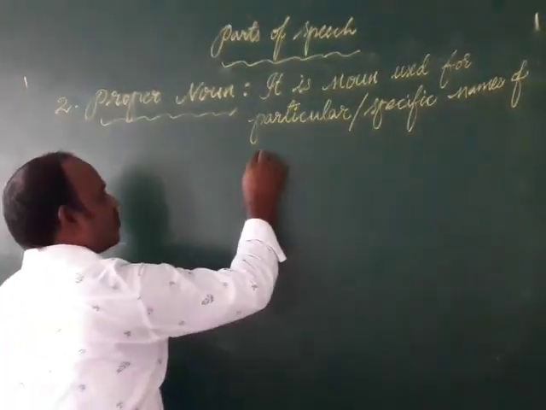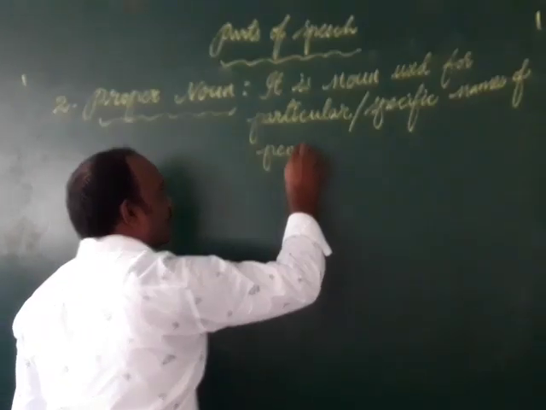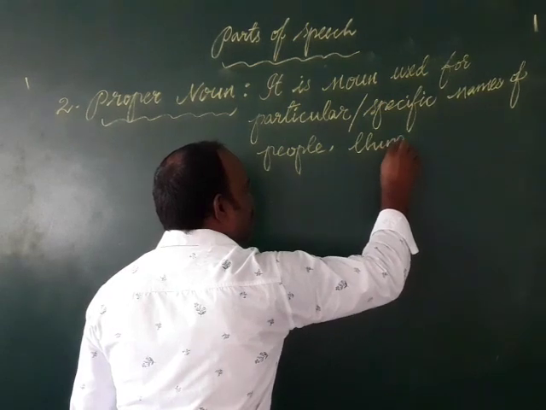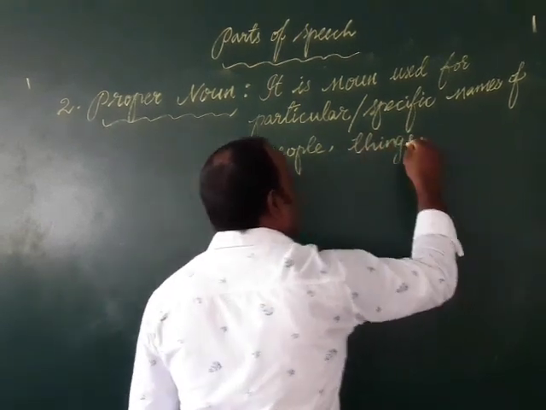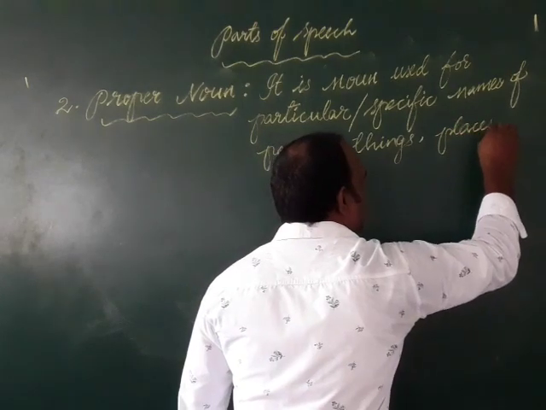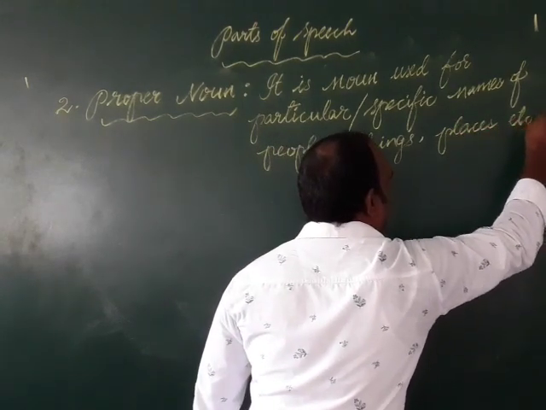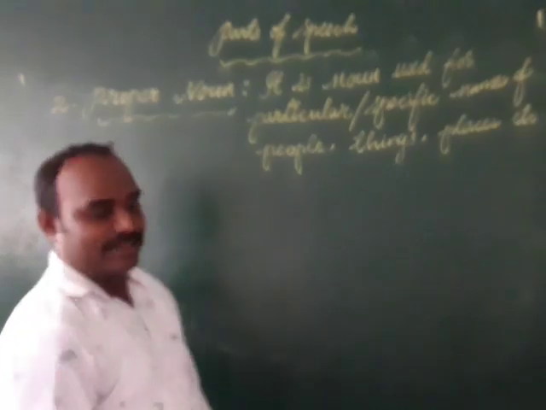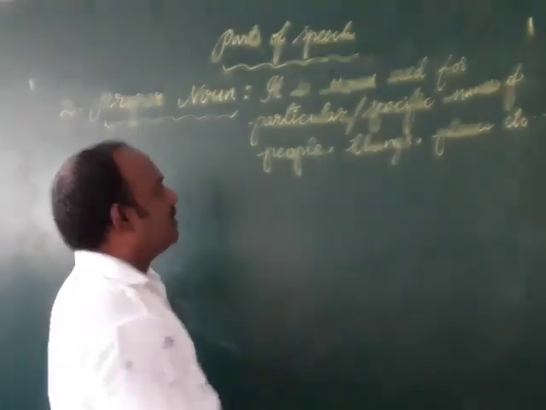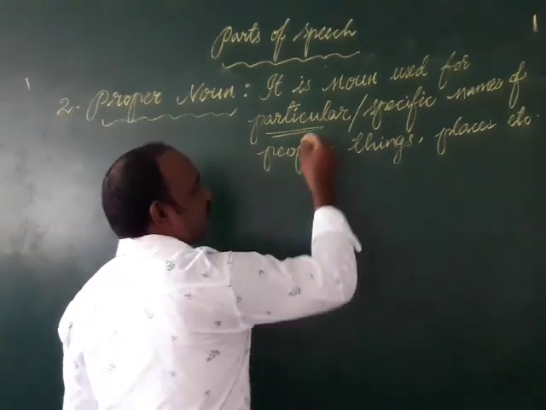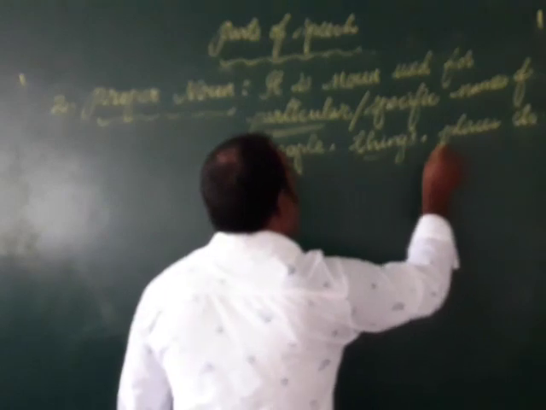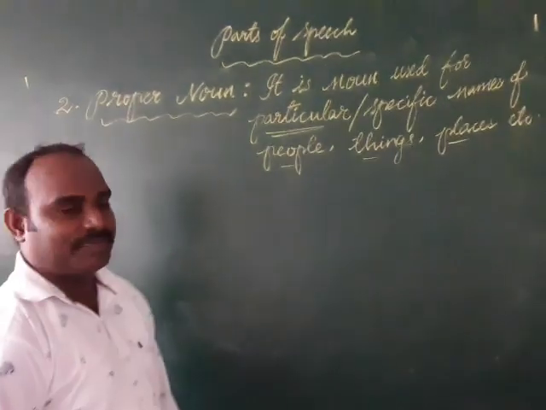Specific names are people, things, places, etc. Proper noun means it is used for particular names or specific names. Names of people, things, places, rivers, etc.